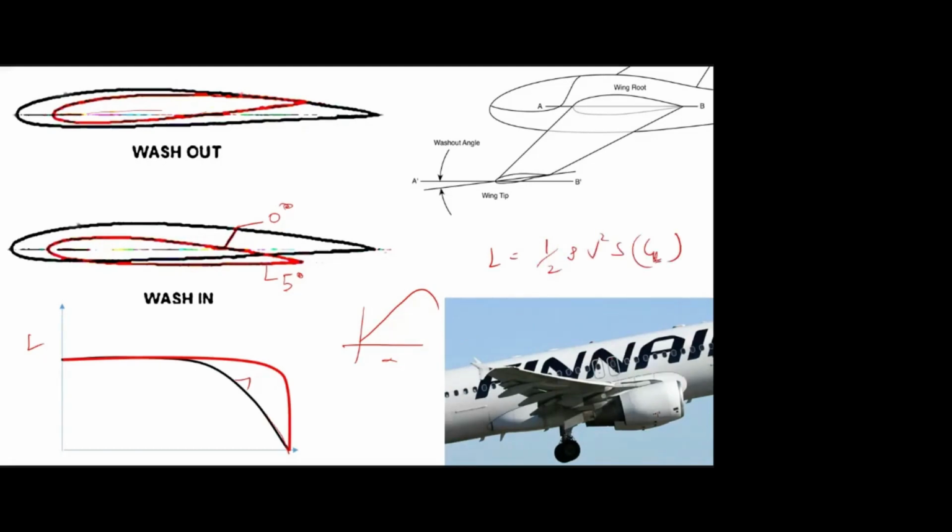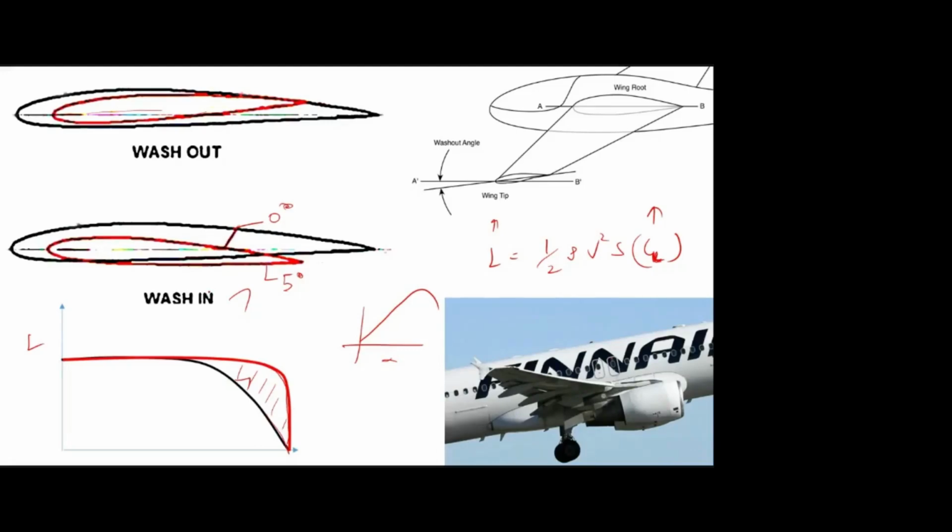So it is like a multiplication factor. If CL increases, L also will increase. So if you use this wash-in, we can compensate this loss of lift near the tip.